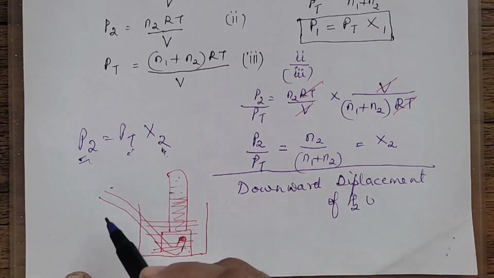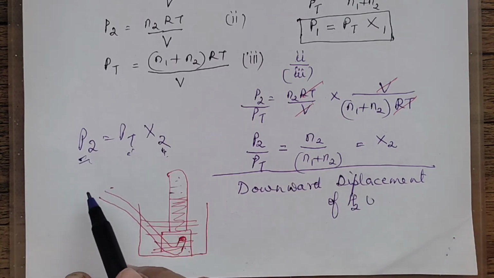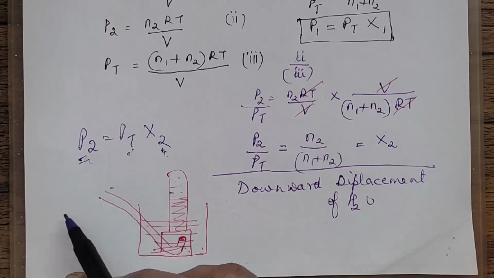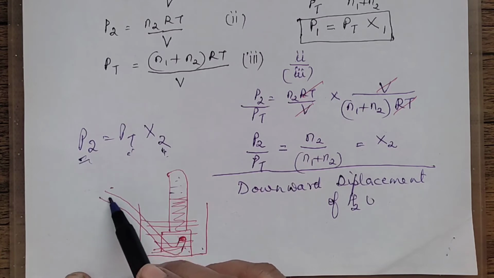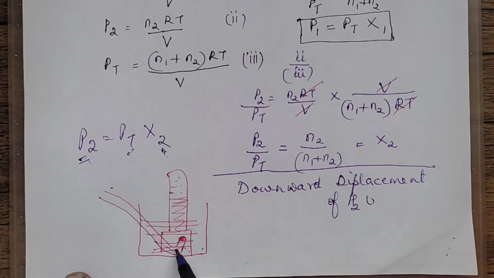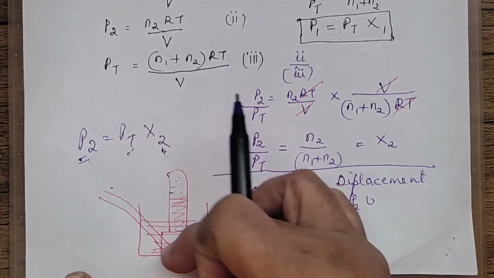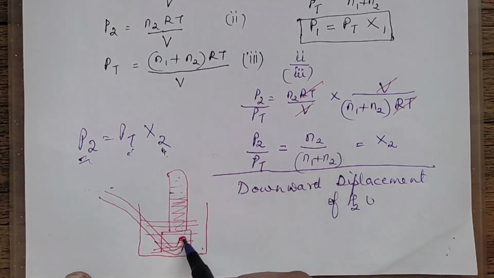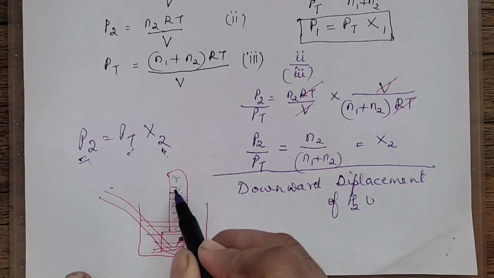Some reaction is going on in the container here and the gas is collected here. This is water. Whatever reaction is going on here, the gas is coming here, passing through this water and getting collected in this jar. In this jar there is water actually and it is inverted over this. So when it is inverted, the gas bubbles will go up and the gas will get collected in this container.